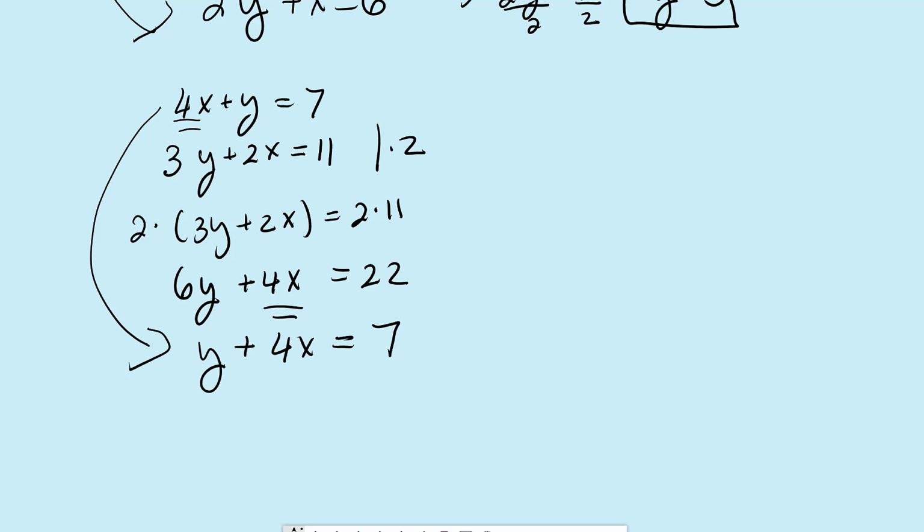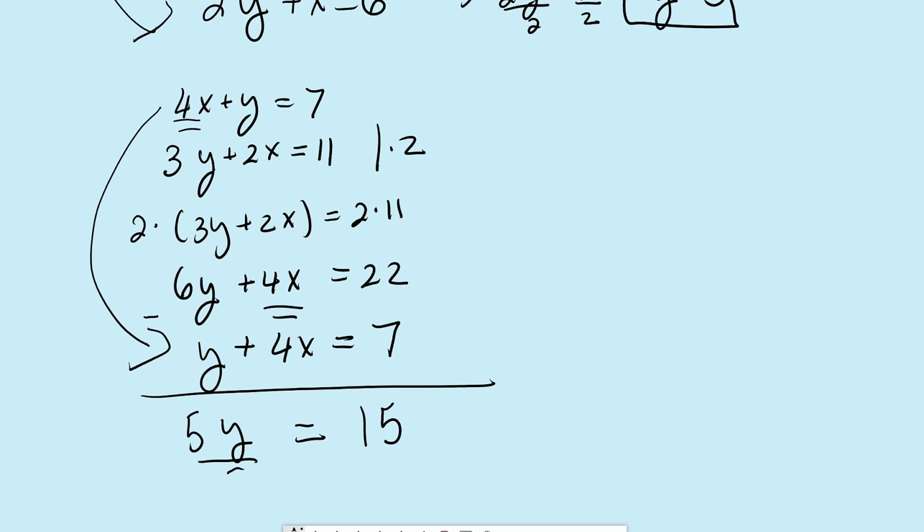Okay, so now let's subtract these equations from each other, right? We're subtracting the left-hand side from the left-hand side and the right-hand side from the right-hand side. So we have 6y minus y, that's just 5y, and we have 4x minus 4x, so no x's, equals 22 minus 7, that is 15.